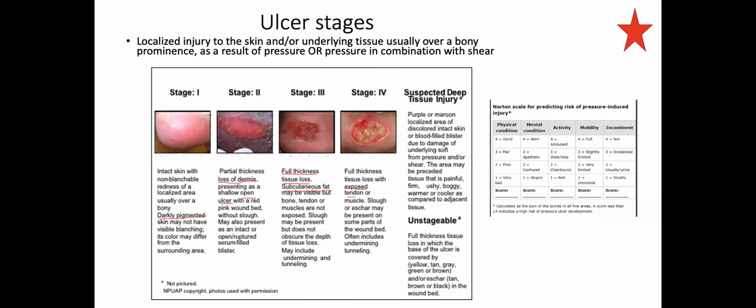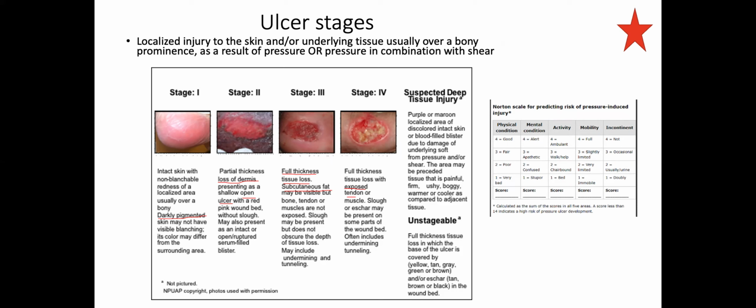Okay, so there are stages of ulceration. It's that localized injury to the skin overlying a bony prominence due to pressure or pressure and shear. So stage 1 is going to be intact skin. It's darkly pigmented. Stage 2 is going to be that partial thickness loss of the dermis, and it'll have that open ulcer.